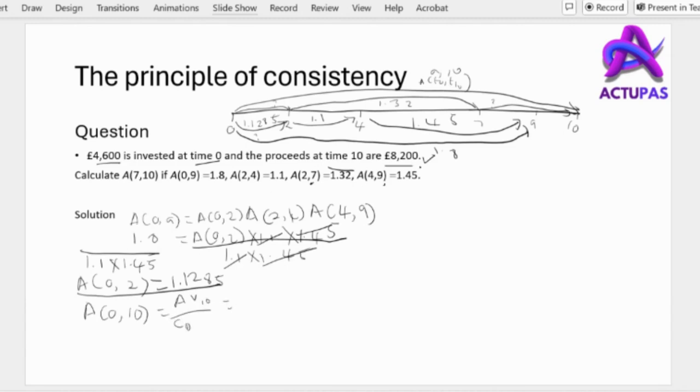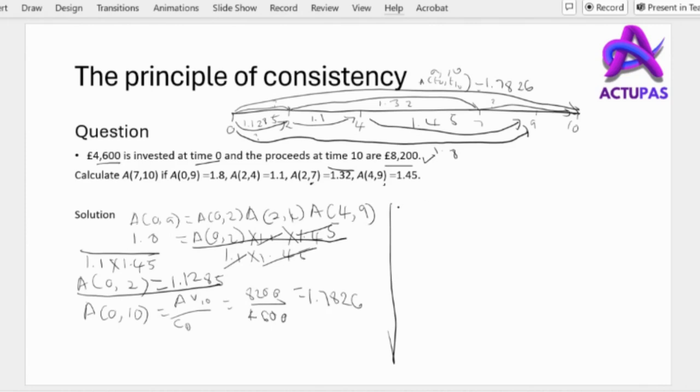We have the accumulated value of 8,200 divided by 4,600, which is the capital at time 0. How much is this? Using a calculator, this is 1.7826. So for a 0 to 10, the only missing item is now a 7 to 10.